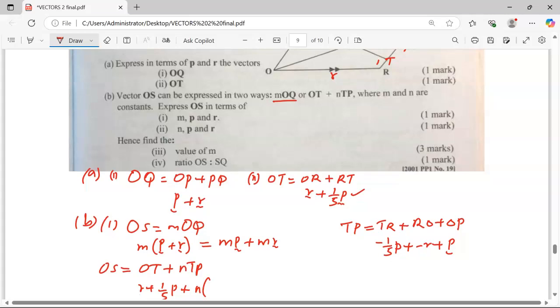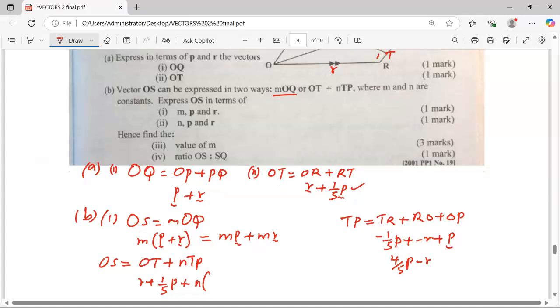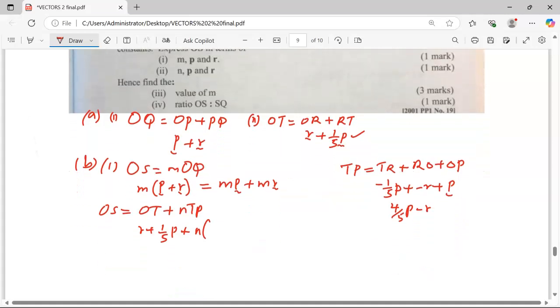Once we have done that, -1/5 P plus P will give us 4/5 P vector minus, of course, R. So it will be N into TP, and TP is 4/5 of P vector minus R vector.